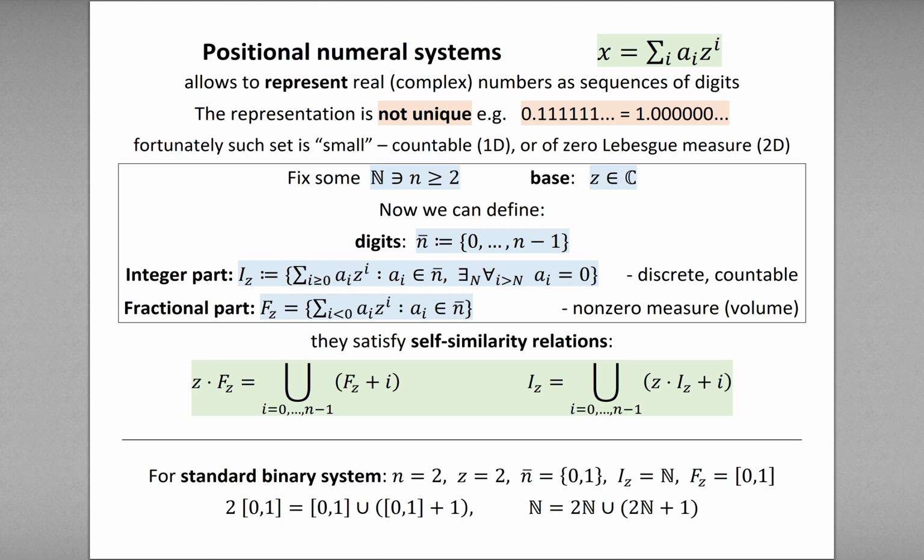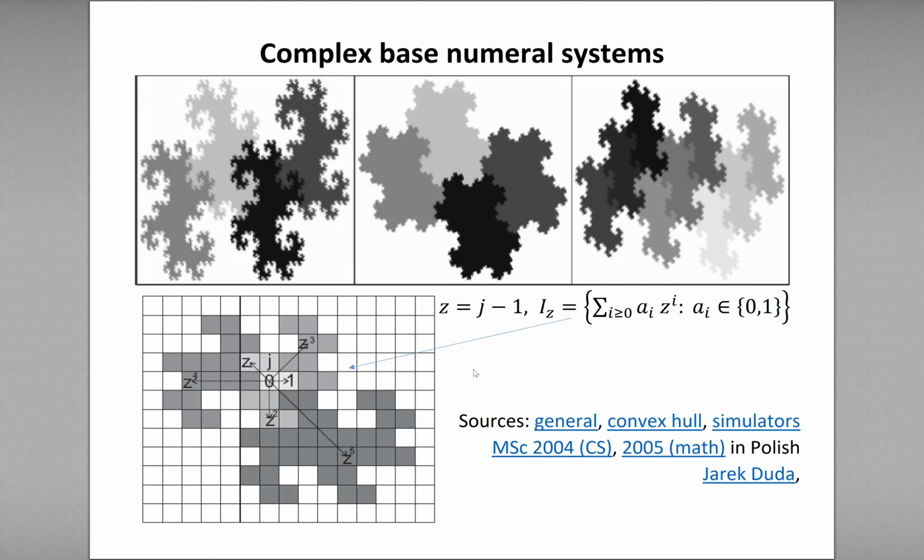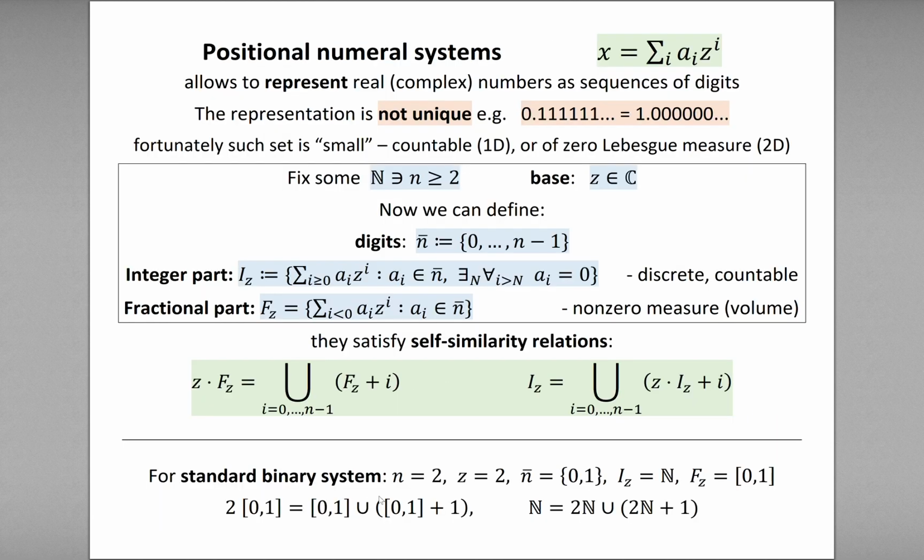The integer part is a bit different than the fractional part. The integer part is discrete and not bounded, and the fractional part should be a continuous set, bounded, compact. For example, for the standard binary system, the fractional part is the range 0 to 1: all numbers with 0 and any digits after the comma.